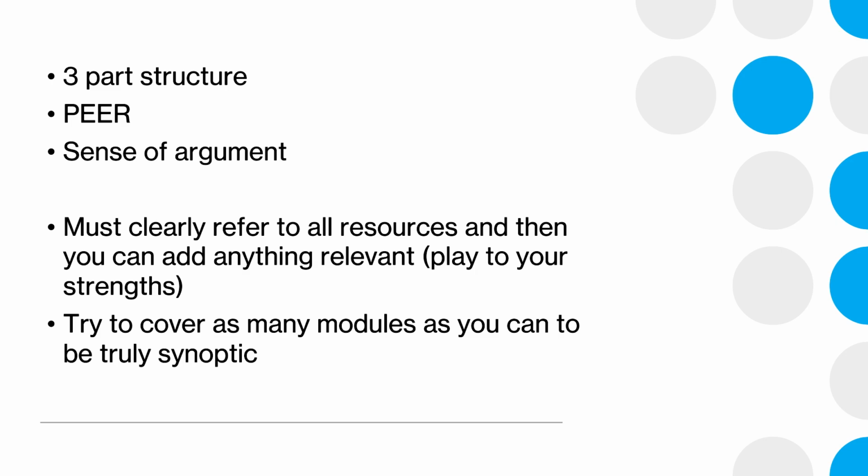So the point is the thing you're trying to say, like, for example, earthquakes kill more people than volcanoes because they are unpredictable. Okay, so that would be the point you were trying to make. You would then explain that with as much geographical knowledge and terminology as you possibly could.